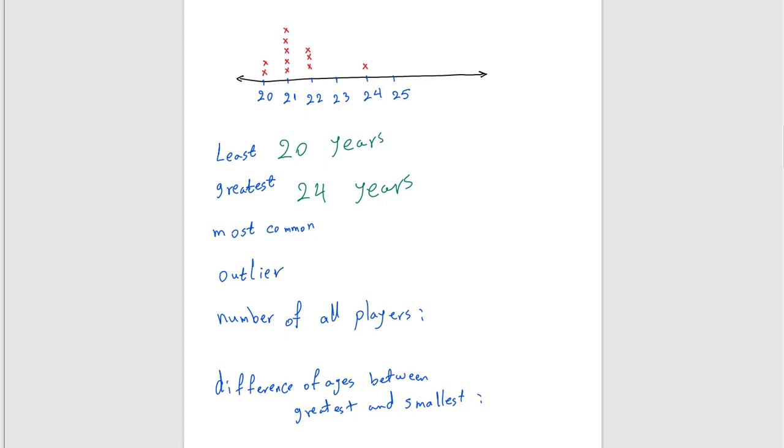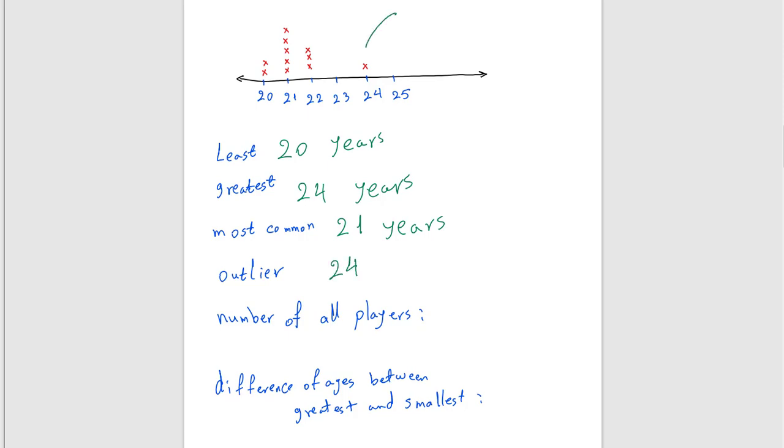And the most common is the one that is repeating the most, which is 21. I have here 5 players 21 years old. So 21 years old is the most common. The outlier in this case is 24.